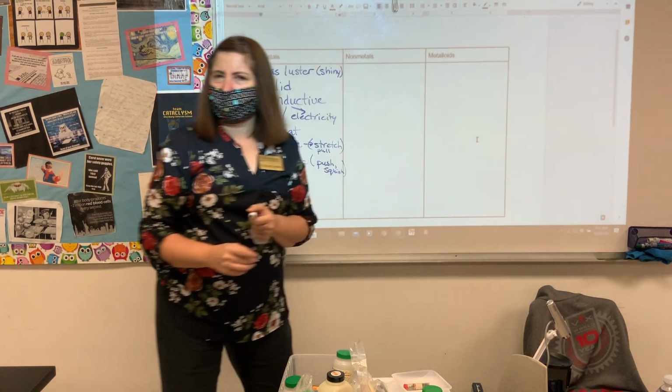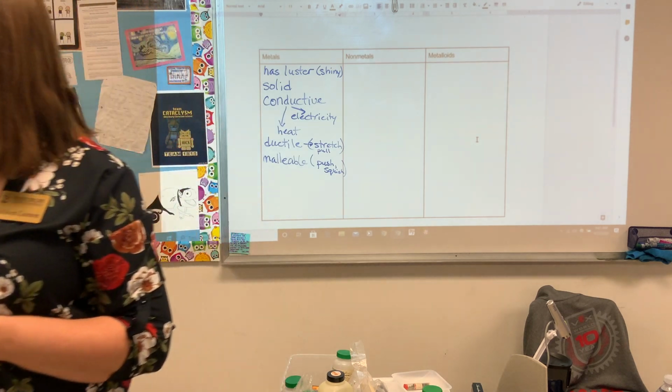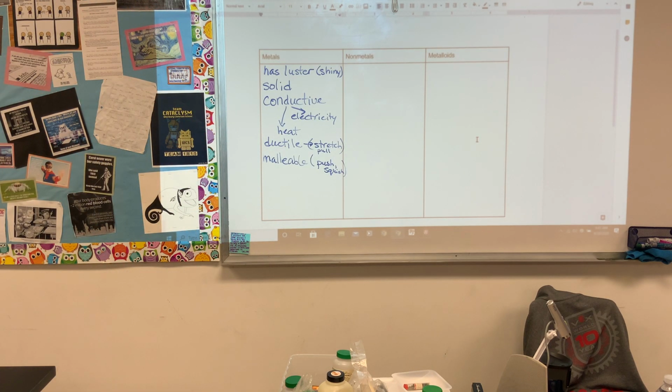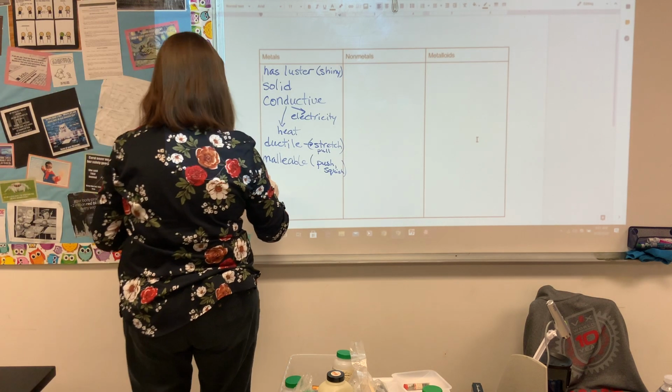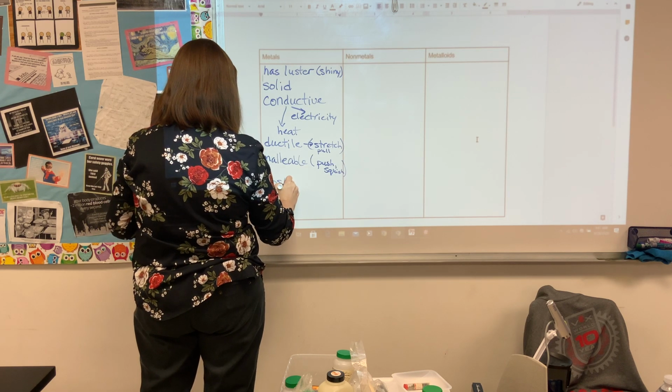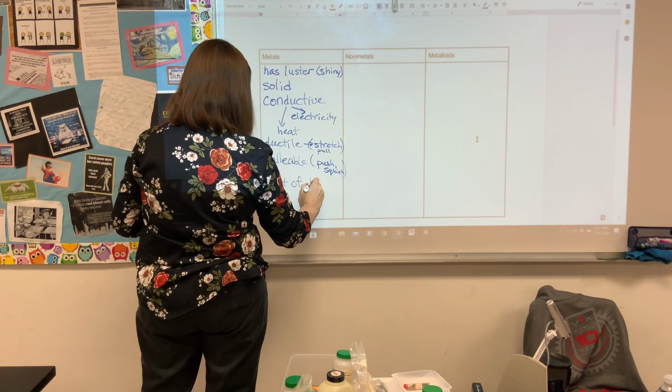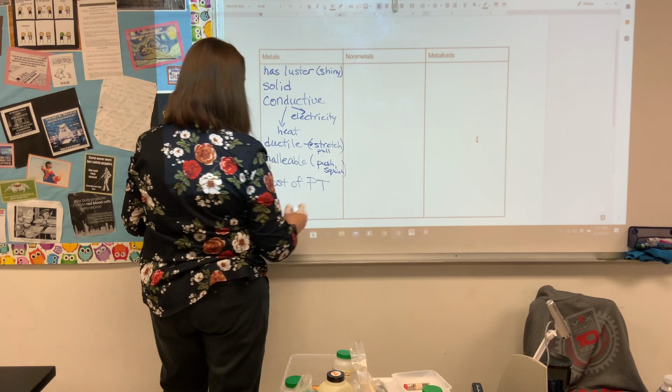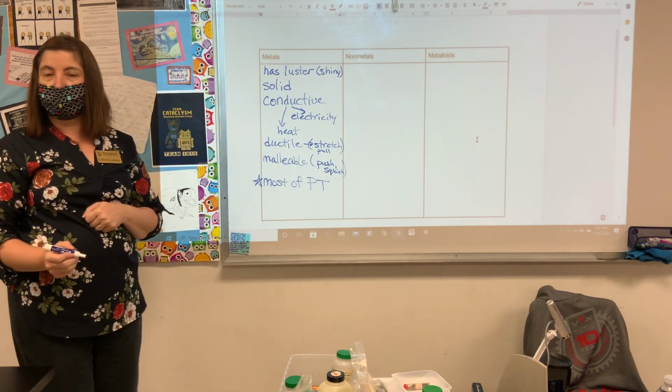Anything else about metals? Do we know anything else? The majority of periodic tables. Oh, yeah, this is most of, and I'm just going to say PT rather than the whole periodic table. Is that okay?